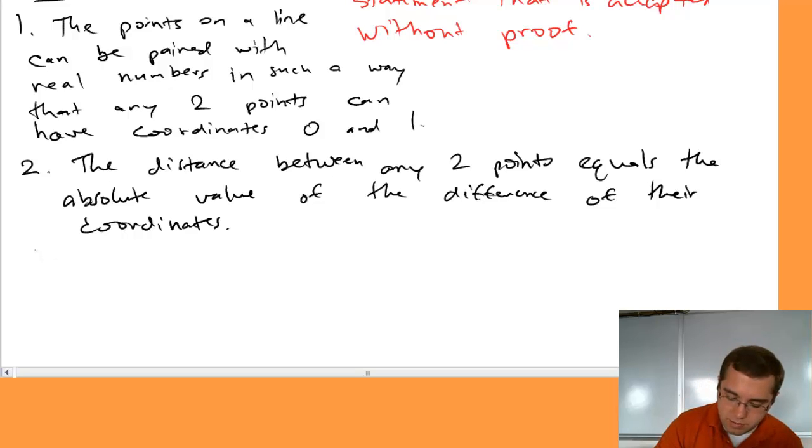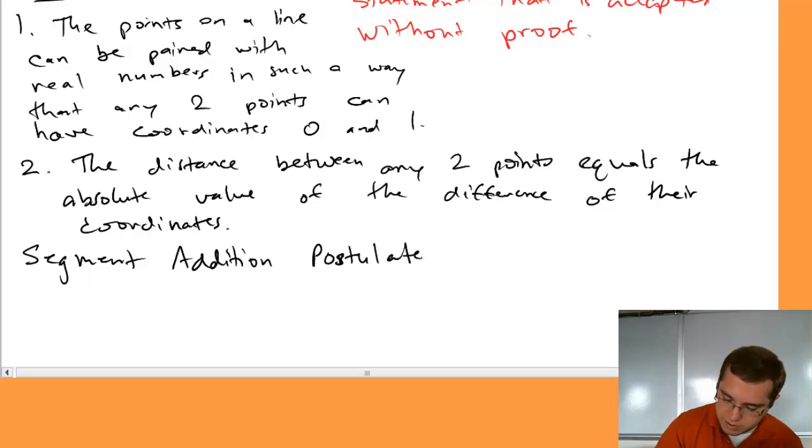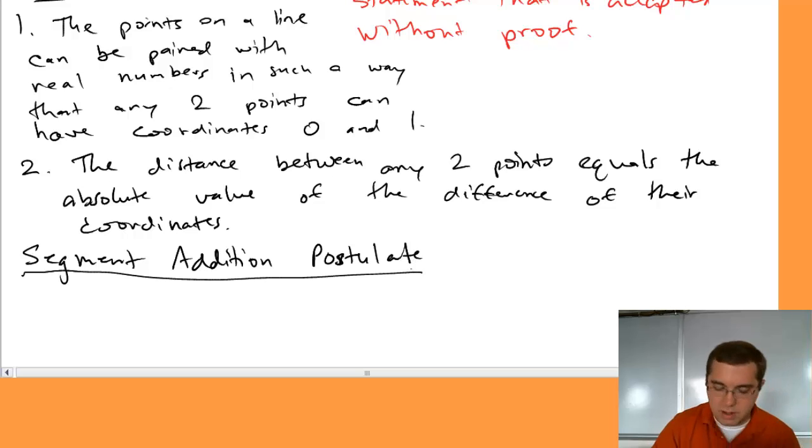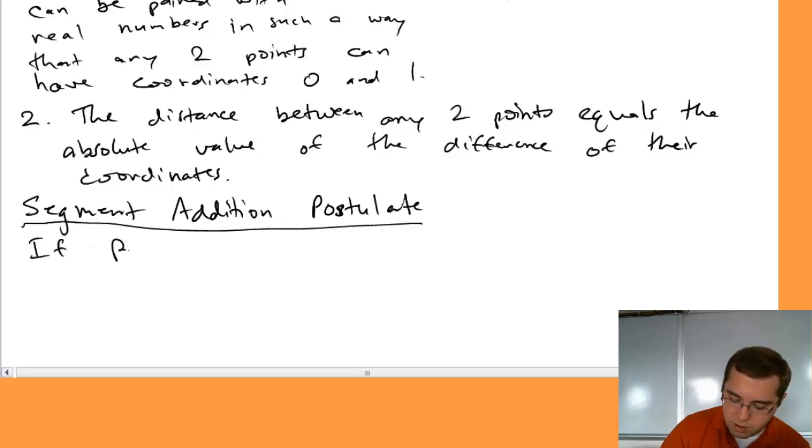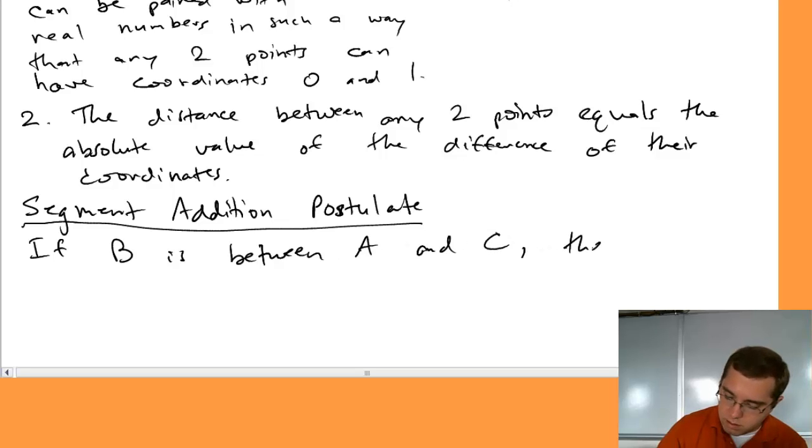A second postulate that we have, that you're going to think is so obvious, why do we even bother writing it down? Well, we bother writing it down because we're going to use it to prove very important things later. So we need to write it down so that we are all understanding and agreeing that this is true. It's called the segment addition postulate. It says if point B is between points A and C, then AB plus BC equals AC.